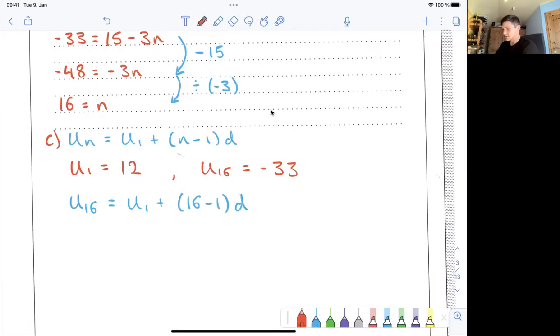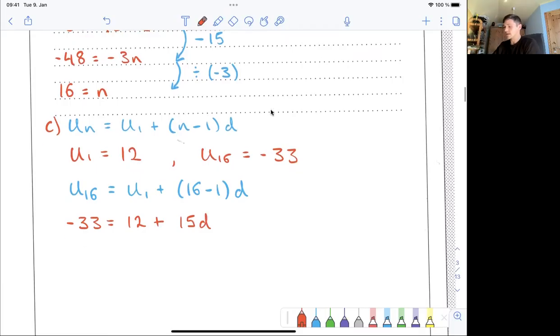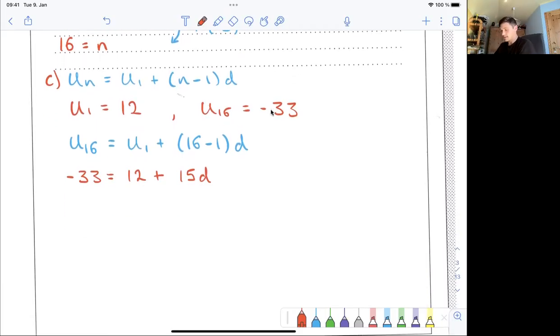Now plug in the values that we know. We know u16 is negative 33. We know u1 is 12. We can solve 16 minus 1, which is going to be 15, so 15d. And then from here, my first step will be to subtract 12 from both sides.